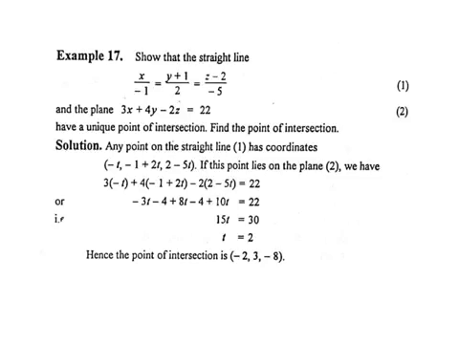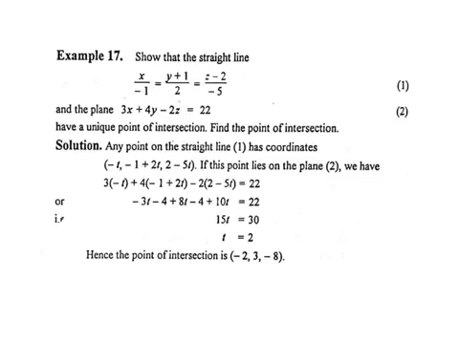Solution. Any point on the straight line 1 has coordinates, and these coordinates are obtained if we set equation number 1, the symmetric equation of the line x over minus 1 equals y plus 1 over 2 equals z minus 2 over minus 5, equal to another parameter t.